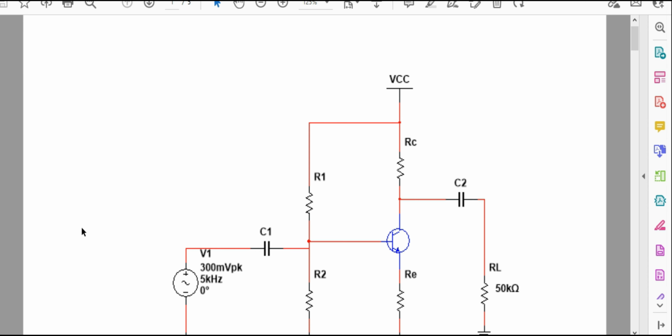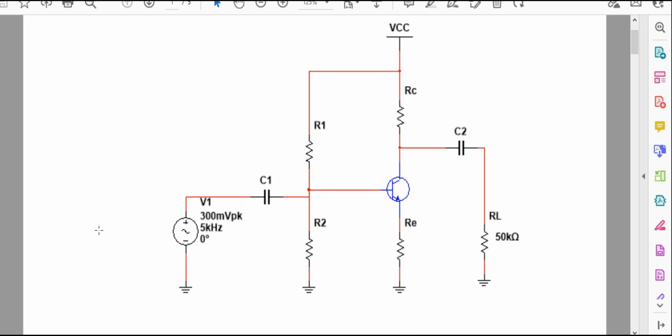Today I have come with another problem. The problem is to design a small signal amplifier, which is basically a common emitter amplifier. The given data about this scenario is our input voltage, which is an audio signal or might be any other signal, with a peak voltage of 300 millivolts and a frequency of 5 kilohertz.